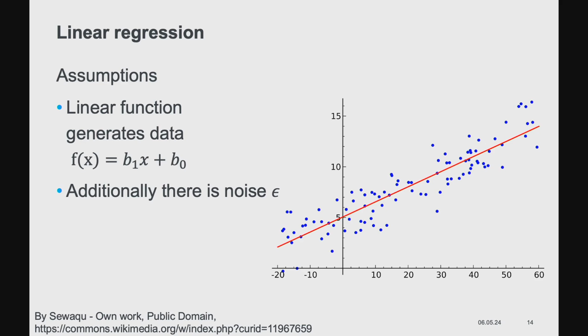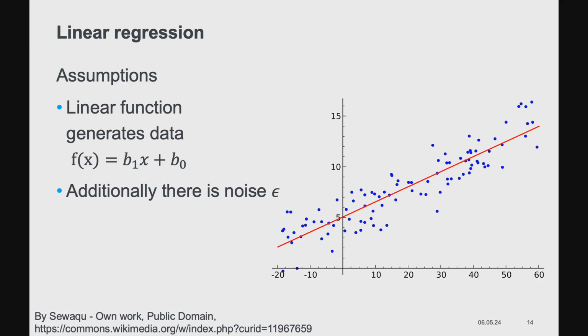These data points are created by this function which underlies the whole thing, which produces these observations. And then the statistician says, okay, I observe now these blue points and I don't know the red function, but I want to recover the red function.